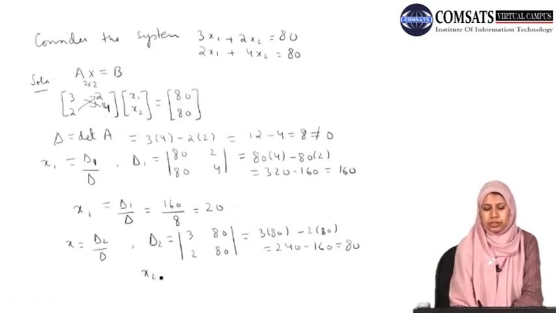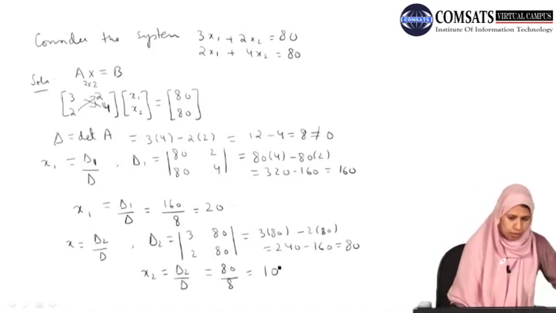And now x2 is nothing but the ratio of the two determinants delta 2 and delta, which is 80 divided by 8, which is 10.